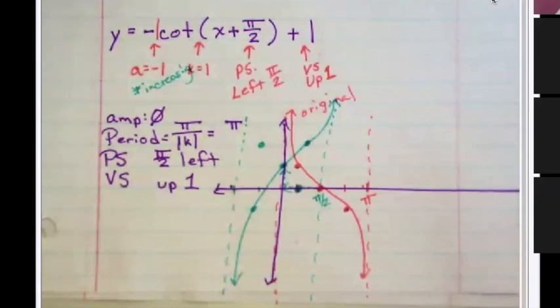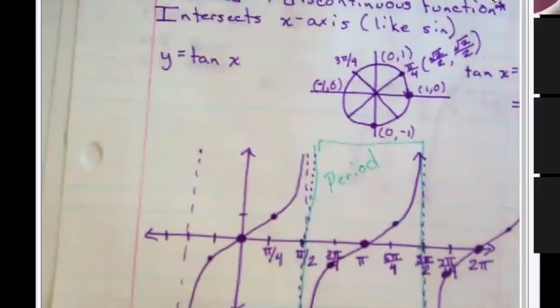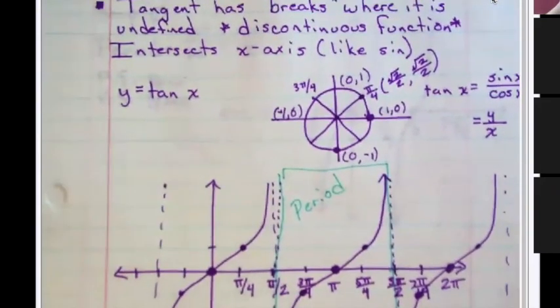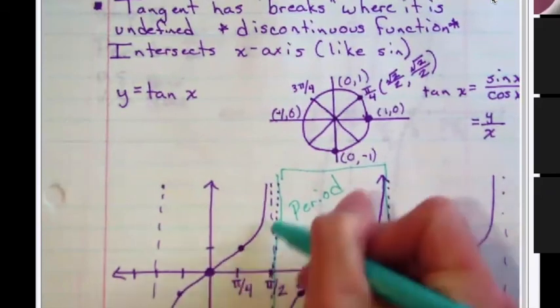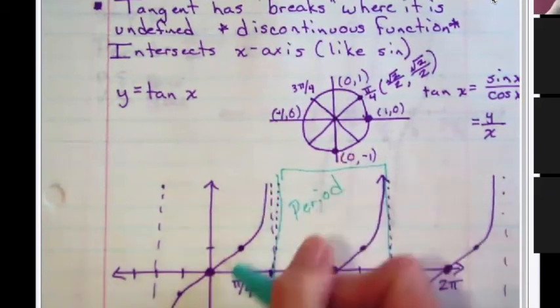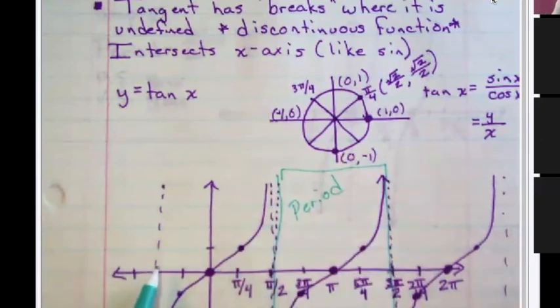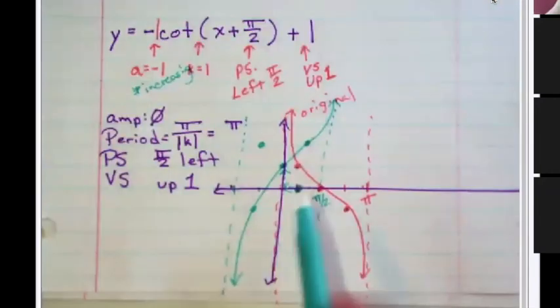Now, look at the graph that I have. If we hadn't done the shift up, it would look just like that tangent graph that we did at the beginning. See how it's rising from left to right? It crosses the y-axis. It has an asymptote at negative pi over 2 and at pi over 2. Same thing here, only we've shifted it up 1.